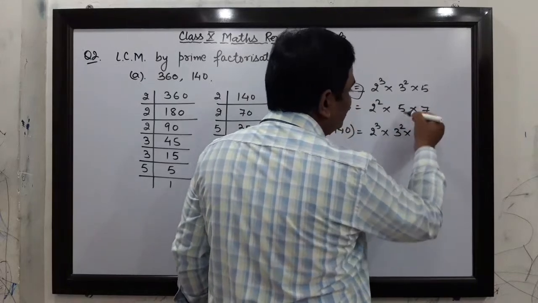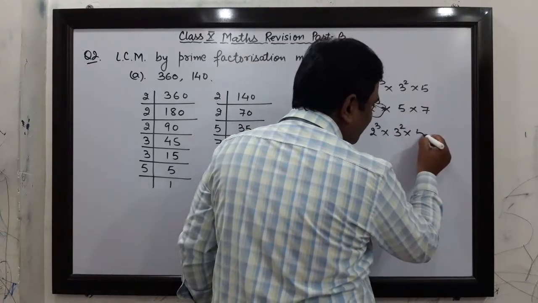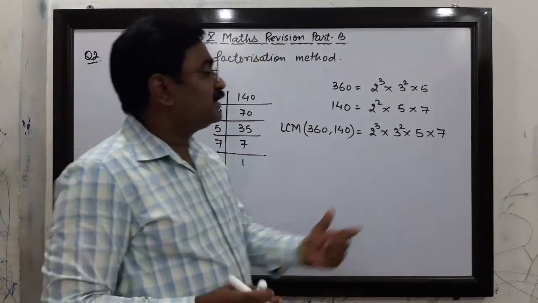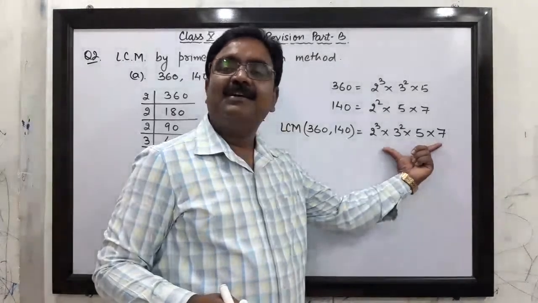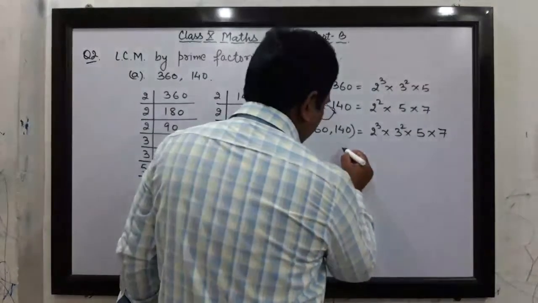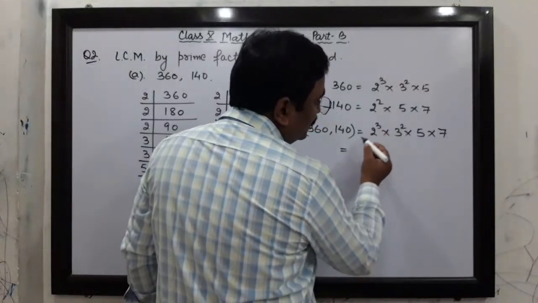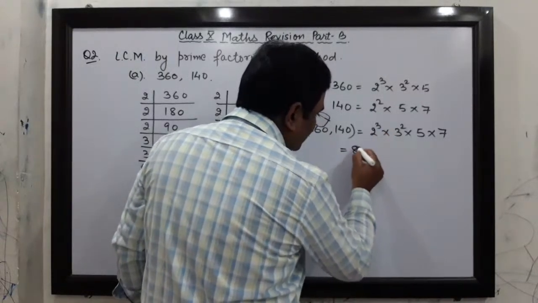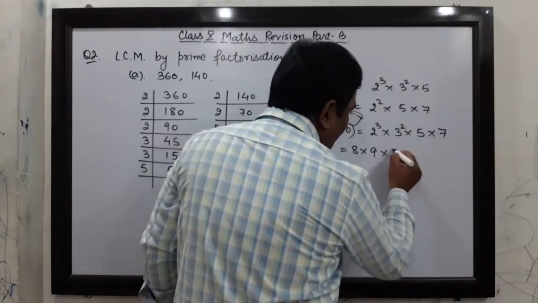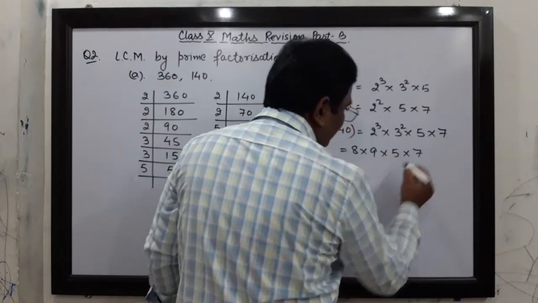Now 5 is common but its power is same, and 7 is also not common. So the multiplication of these numbers is the LCM of these two numbers. So let us multiply it. 2 twos are 4, 2 fours are 8, multiplied by 3 threes are 9, multiplied by 5 multiplied by 7.